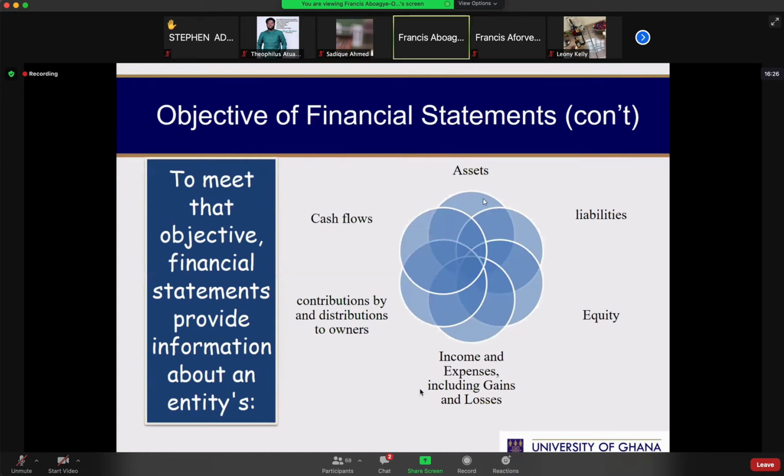then it must meet these. So one, it must provide cash flows about the entity. So here we're talking about the cash that was generated and the cash that was used.